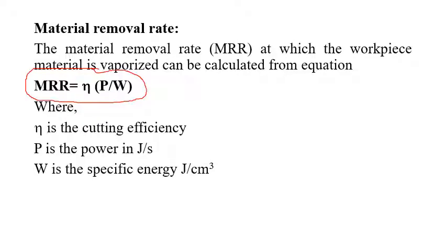See, look at the equation. The material removal rate equals nu into P divided by W. Nu and P come in the numerator and W comes in the denominator. Here material removal rate is directly proportional to cutting efficiency and power. When cutting efficiency and power increase, obviously the material removal rate also increases.